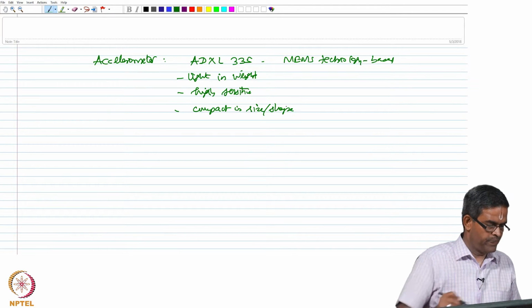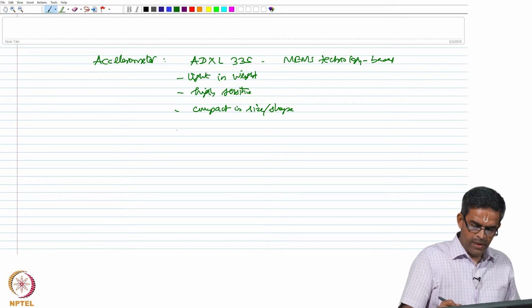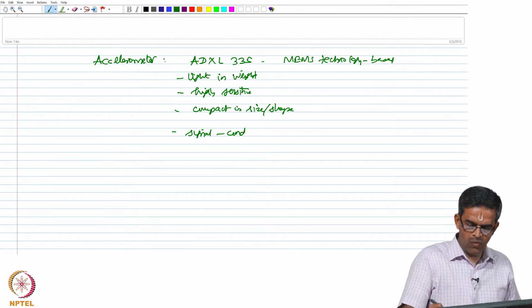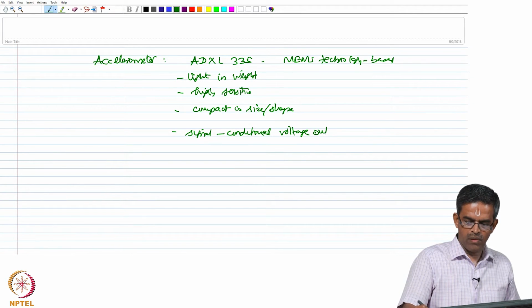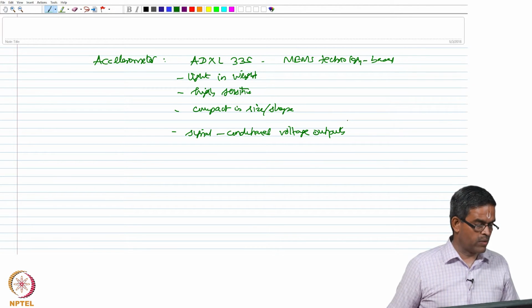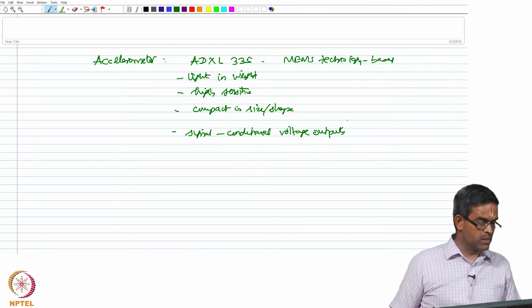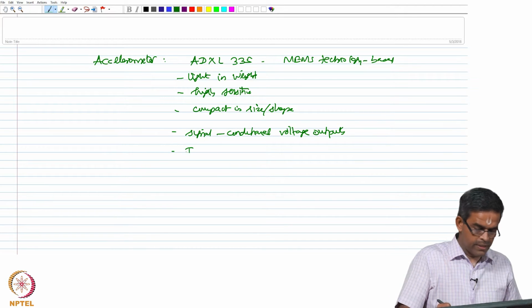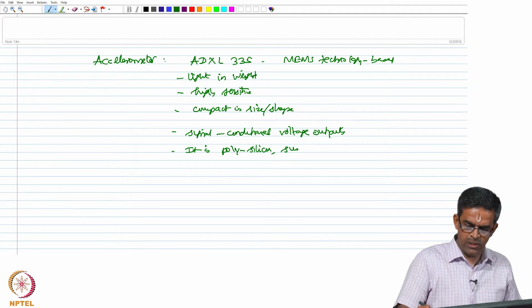It has got signal conditioned voltage output. So, there is no additional process required to get the measurements clear. It is essentially a polysilicon surface micro machined sensor.